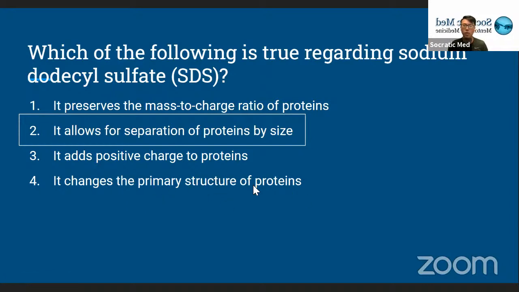The primary structure is the peptide bonds between the amino acids of the protein. It doesn't change the identity of the protein, but it does get rid of higher level interactions in the protein, but it doesn't change the primary structure.